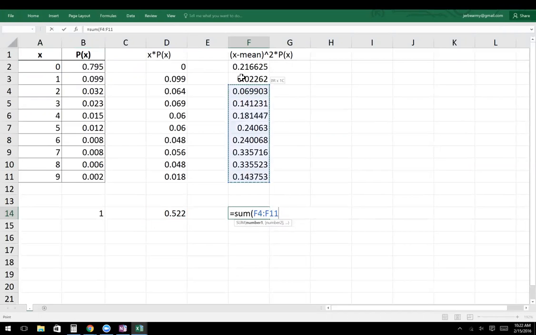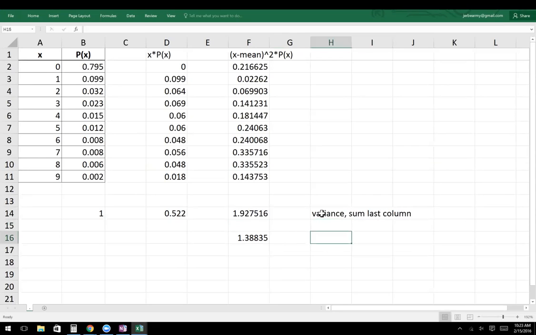Okay. And then standard deviation is going to be what? Square root. So again, to get that variance, just sum the last column.